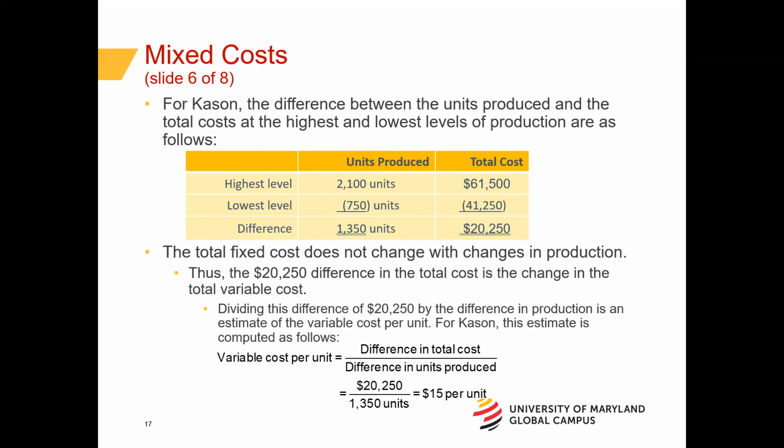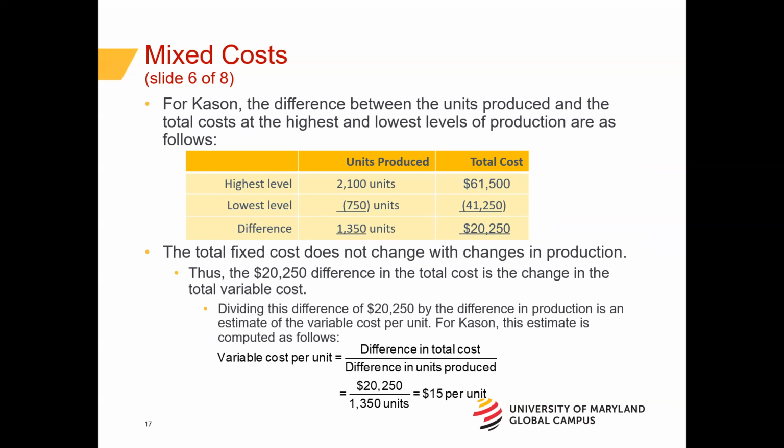So what we do is we take the highest level first, 2,100 units at $61,500, minus our lowest level, 750 units at $41,250, to get our difference: 1,350 units at $20,250.